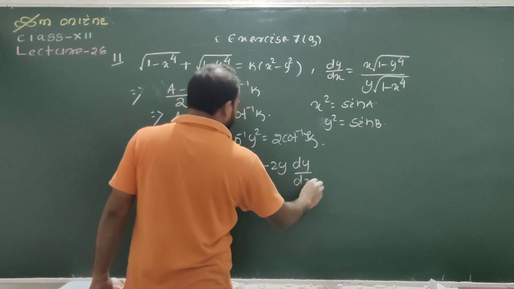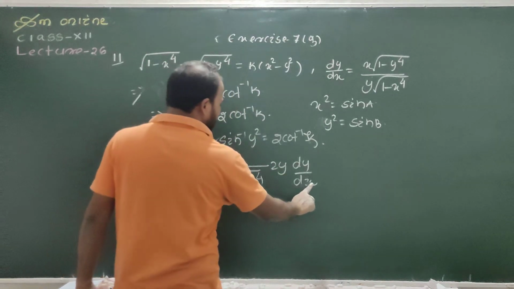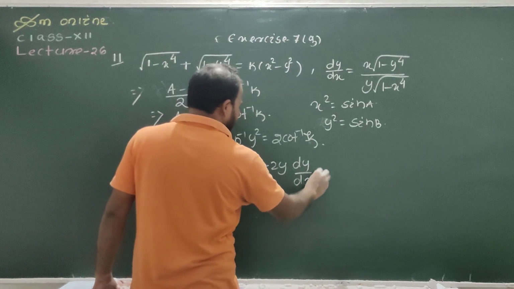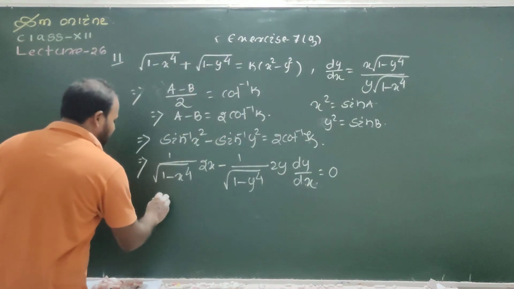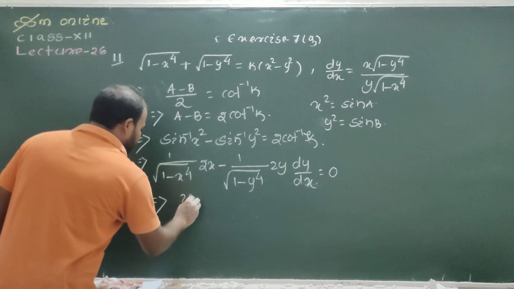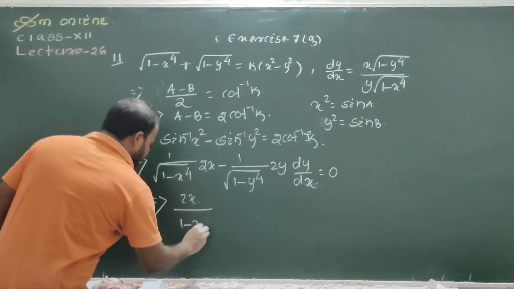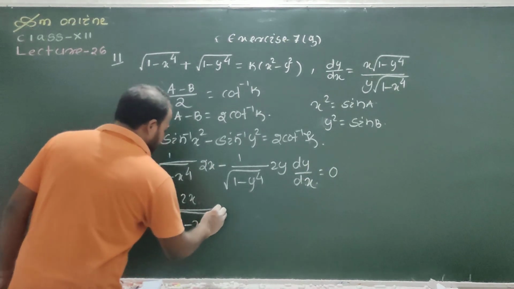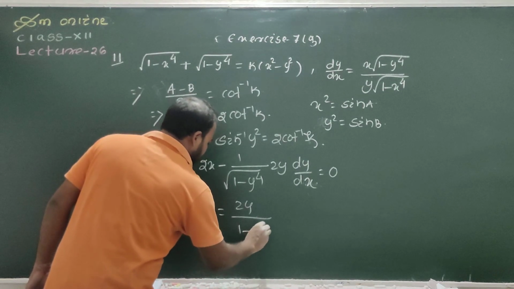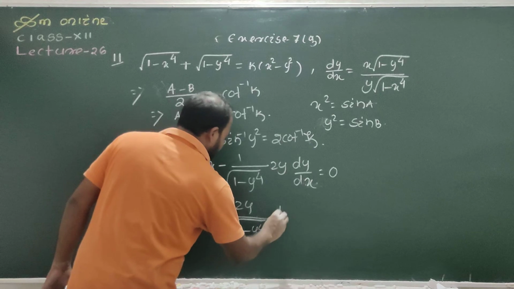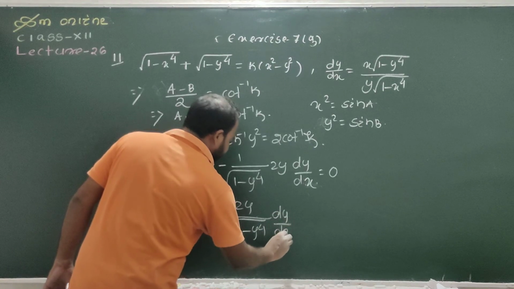Okay, and this is a constant term, so derivative of the constant term equal to 0. This implies that 2x upon root over 1 minus x to the power 4 equal to 2y upon root over 1 minus y to the power 4 into dy by dx.